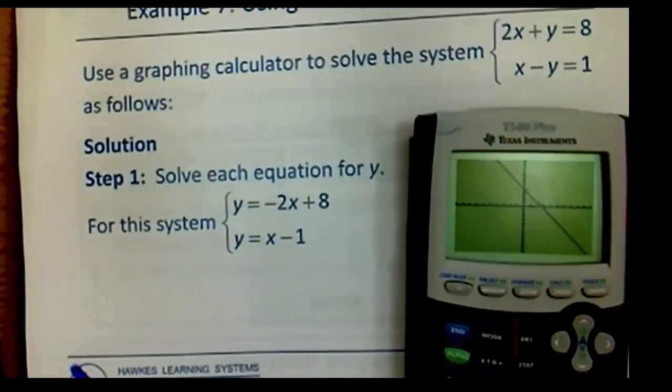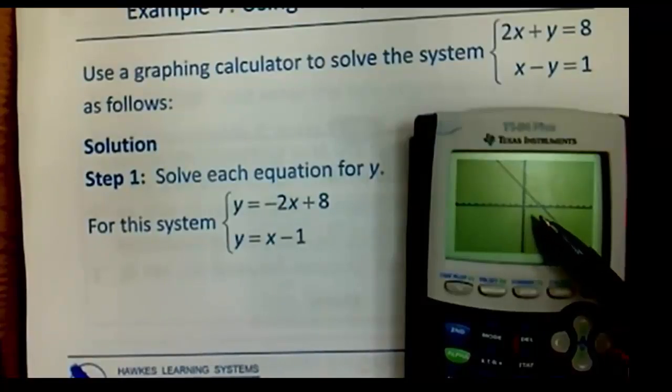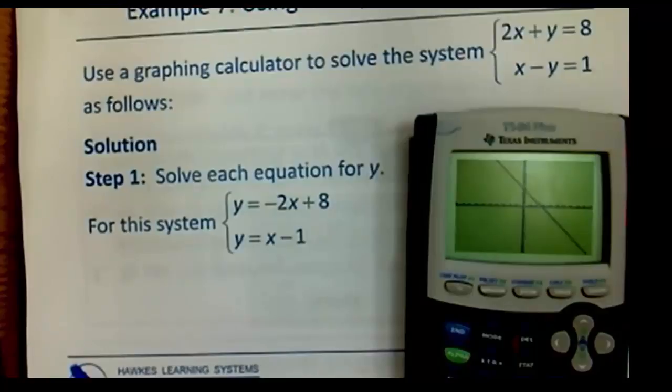So once in a while you need to do that, and it's also where you can standardize your graph. Next to it is trace. Trace will let you go across on your calculator and figure out where your two lines cross. You can also calculate that in a different manner, and we'll talk about that in a minute. And then finally at the end is graph, and that will give you the picture of your graph if you hit that button.